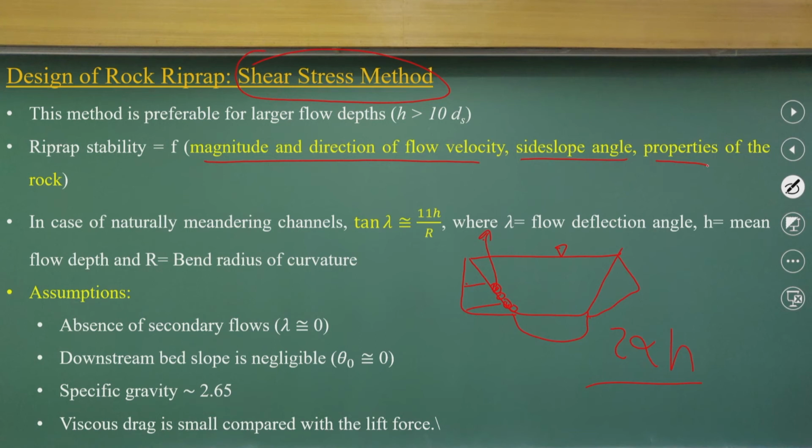And if you know meanders, there will be deflection angles which are a function of H by R, where H is the flow depth and R is the radius of curvature for a natural meander. You can additionally consider, because of meandering, the stability of this stone, which earlier we defined as particle stability.